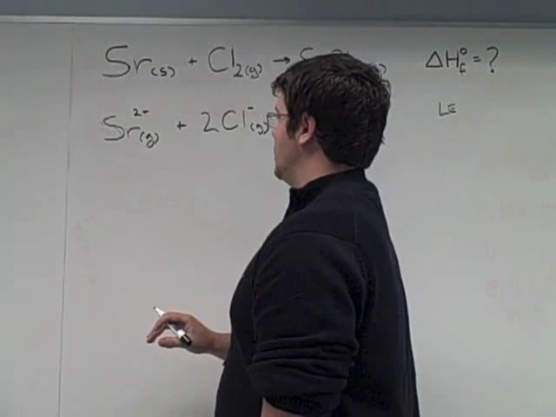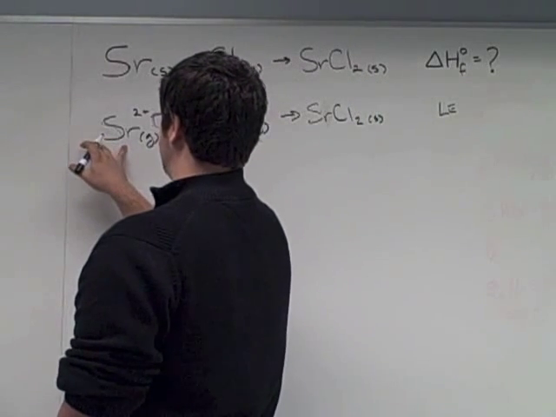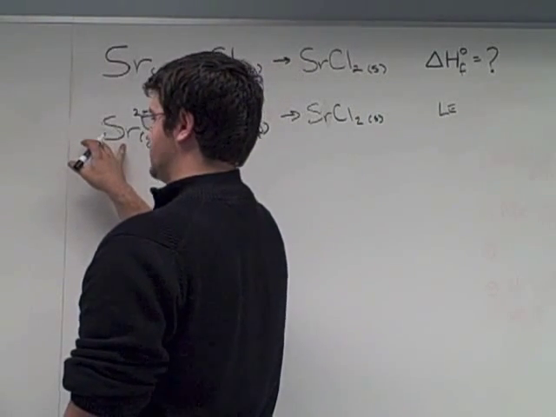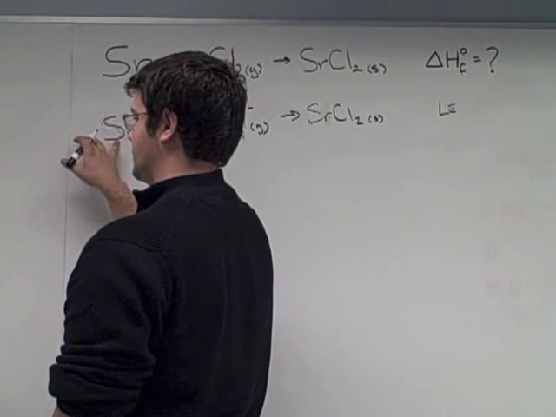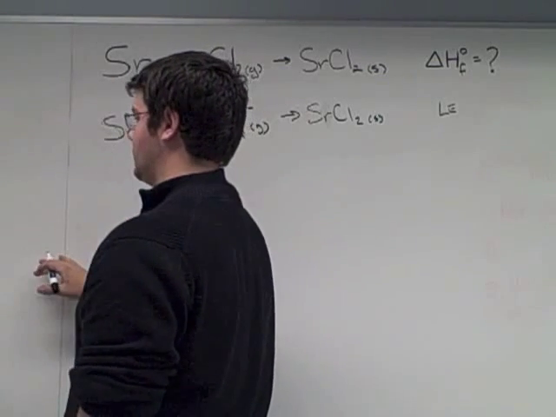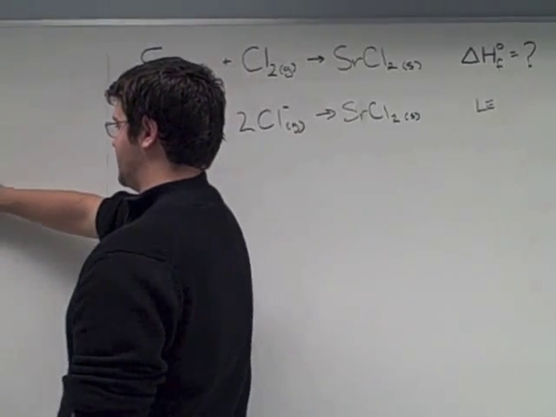So, now in order to get our ions, especially first starting out with strontium, into the ionic form, we need to look at our ionization energies.